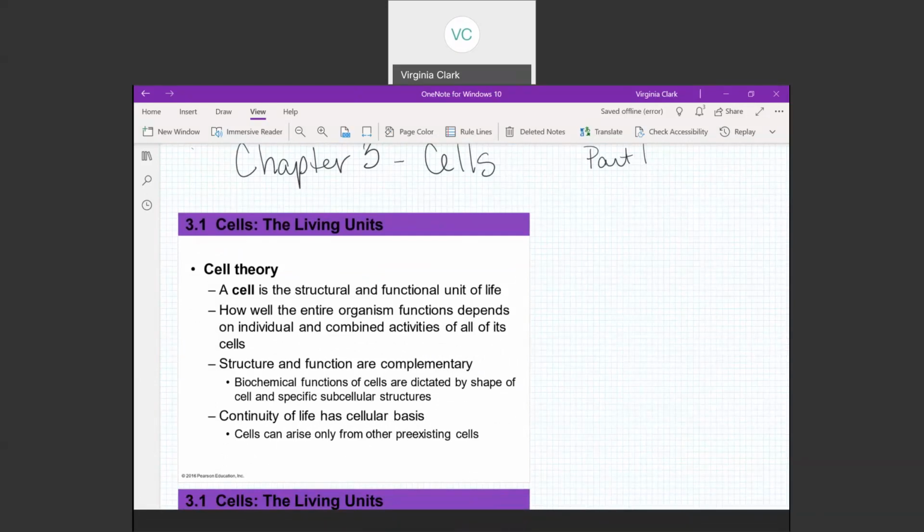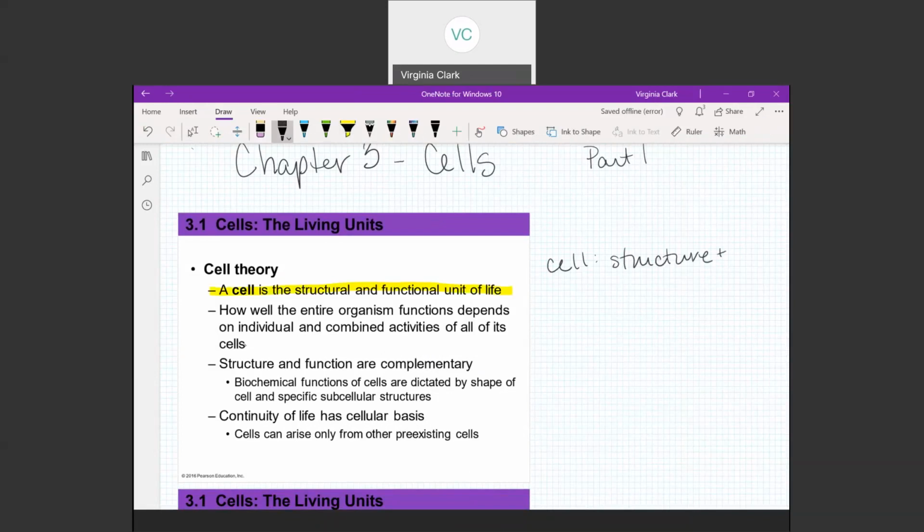So when we're looking at cells, just some background information to make sure we're all talking about the same things. A cell is the structural and functional unit of all living things. Remember, with A&P, we're talking about structure and function a lot, how the structure of something allows it to have its specific function.